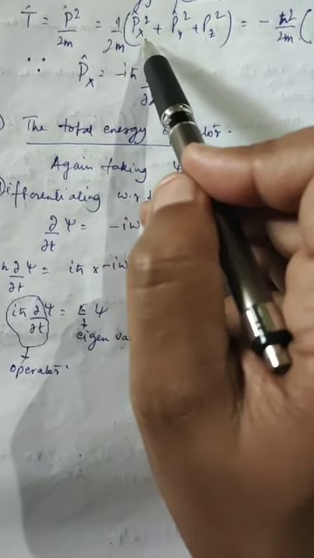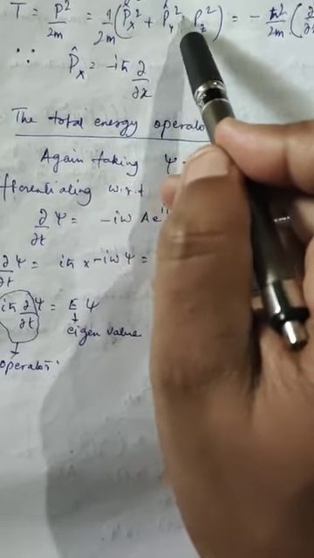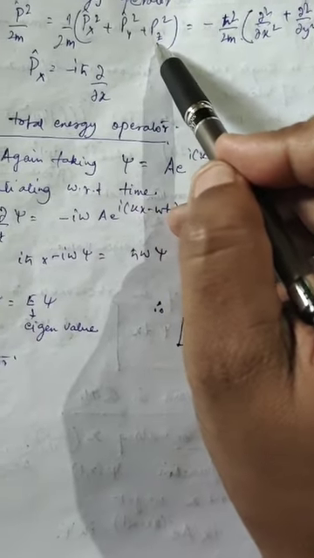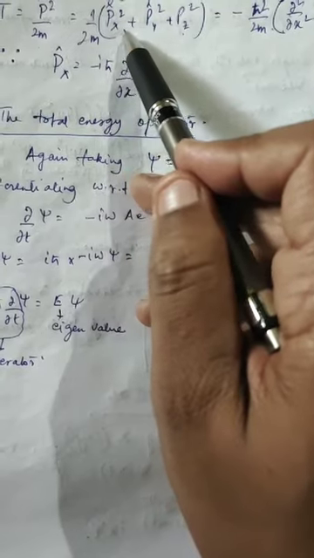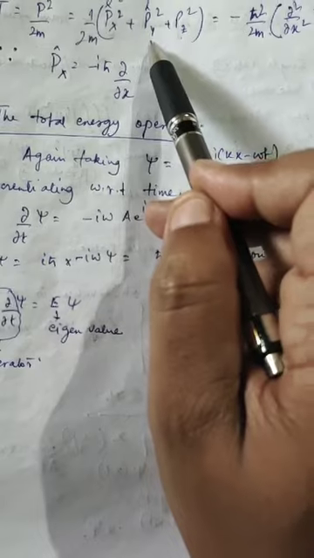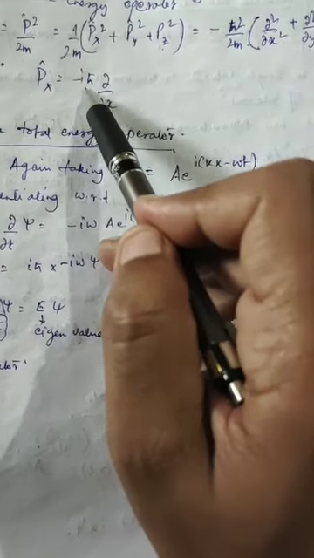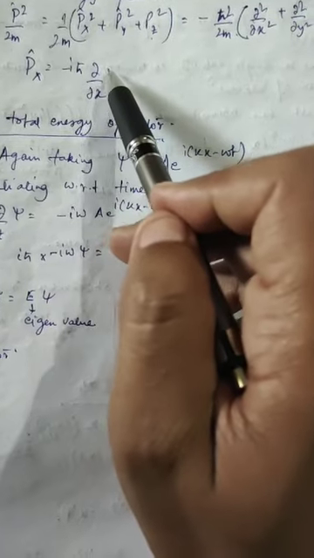So 1 by 2m is common. P hat operator square can be written as P hat x square plus P hat y square plus P hat z square. So you know the momentum operator along x is minus i h cross d/dx. Similarly, Py operator is minus i h cross d/dy, and Pz is minus i h cross d/dz.